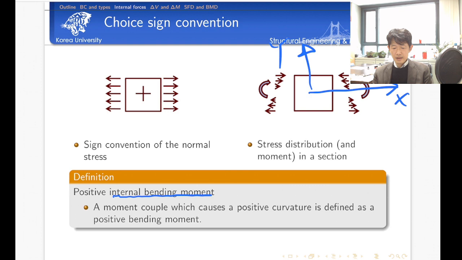Let me say again, let's say we have this bending moment, then it makes the segment of our beam deform like this. It makes a convex upward shape. So that produces the positive curvature.